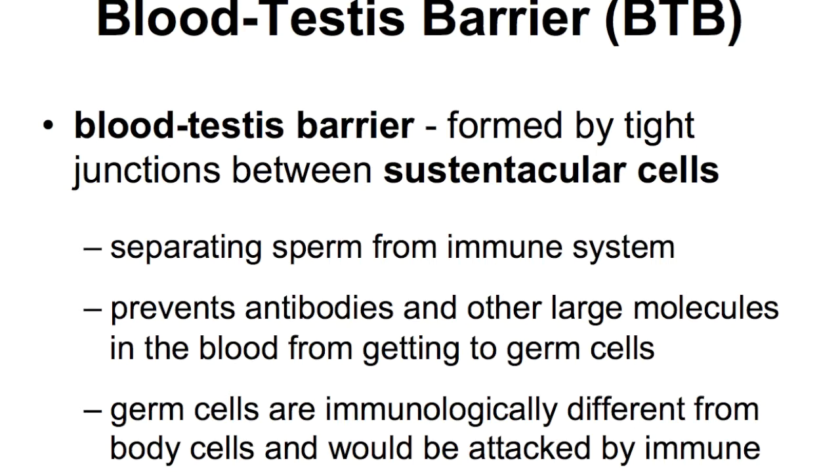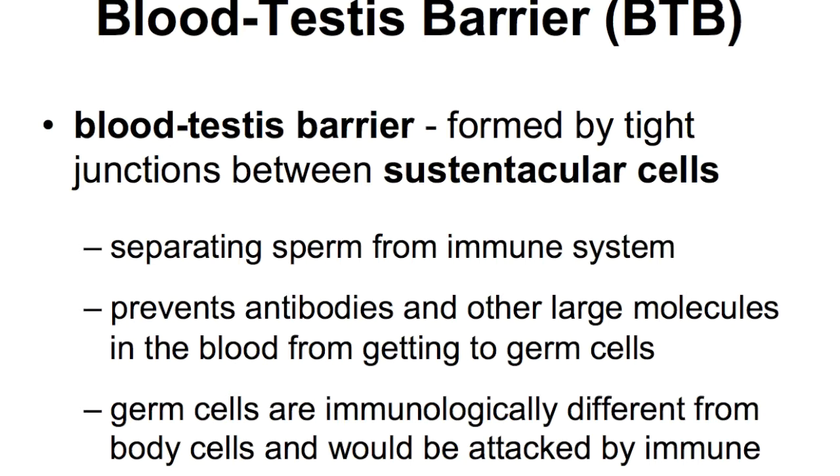So overall, it's just beneficial to protect the stem cells that are growing from being under attack. So it separates the sperm from the immune system, prevents antibodies and other large molecules in the blood from getting to the germ cells and affecting them.